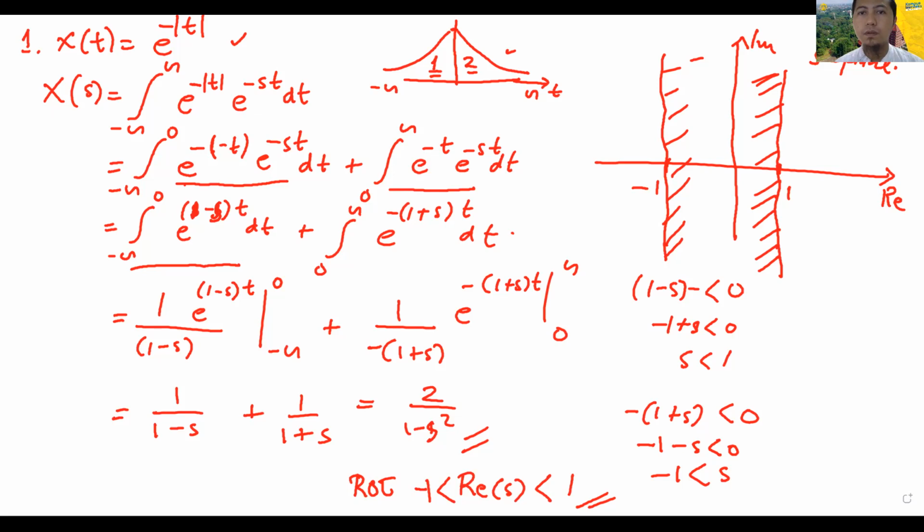So we move forward, clear this one, and move on to the next problem. We have X(s), the signal in the s domain, becoming s over s squared minus 4.